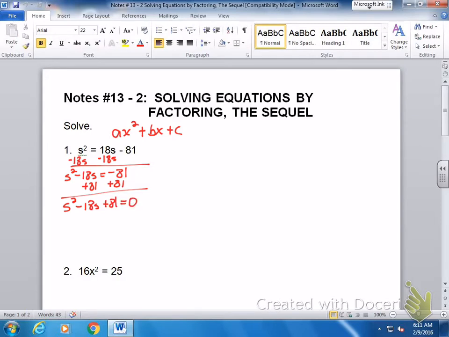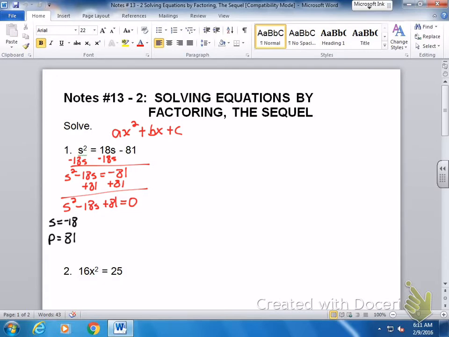Now we can use our swing method to factor it and then use that to solve. So the first thing is I have to factor it with the swing method, it's a trinomial. There's no GCF I can take out, so swing method's really my only option. My sum is negative 18, the b value, and my product is a times c, which is 1 times 81, which is 81.